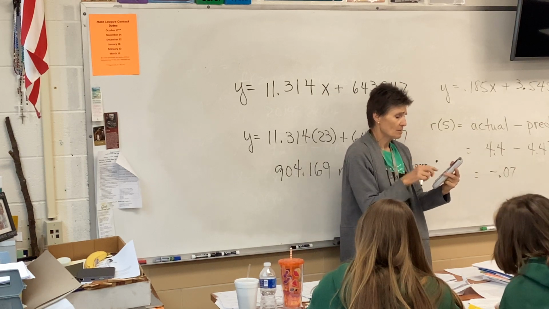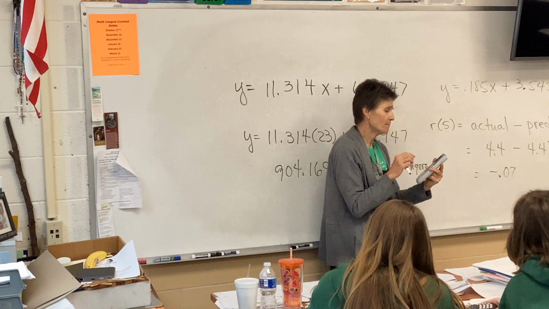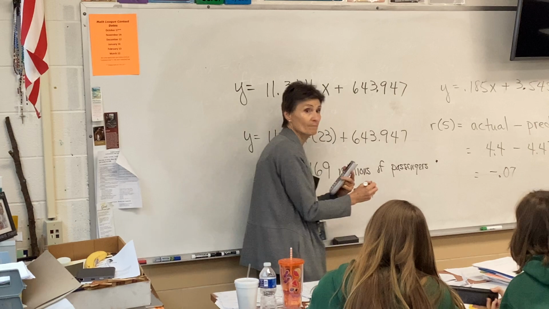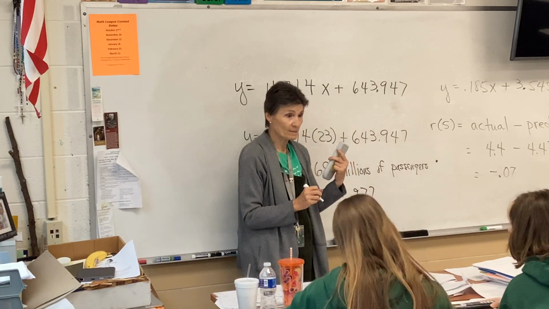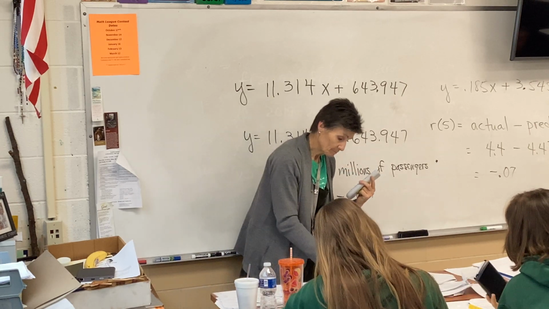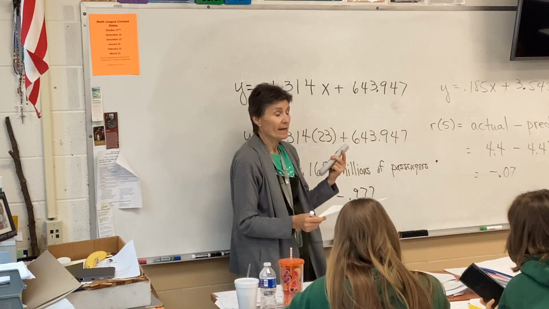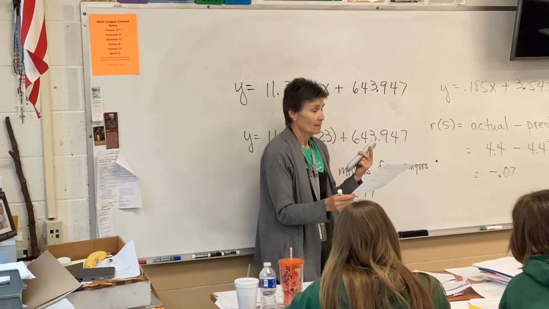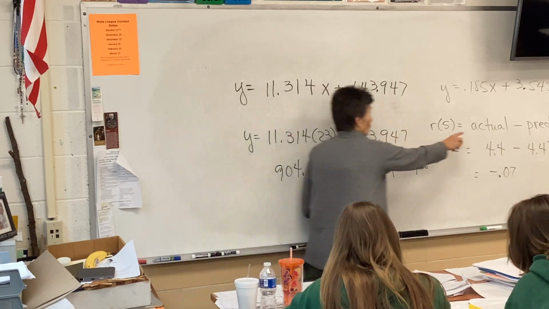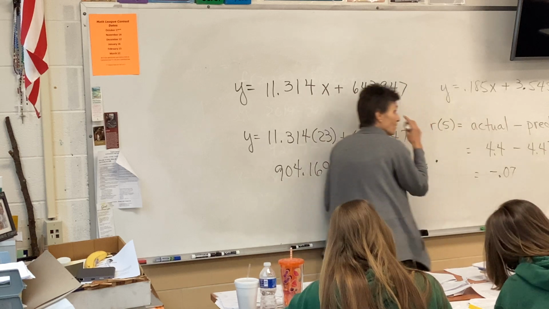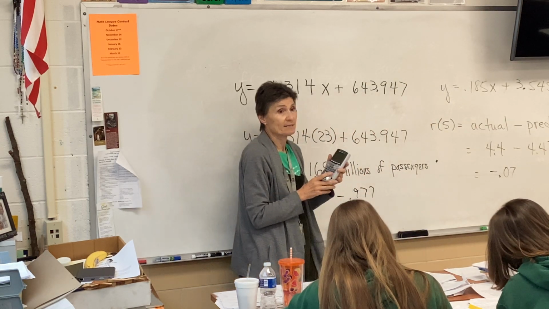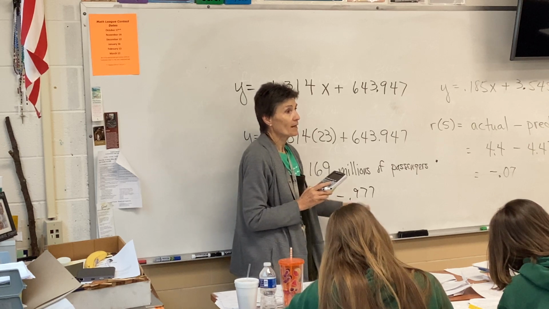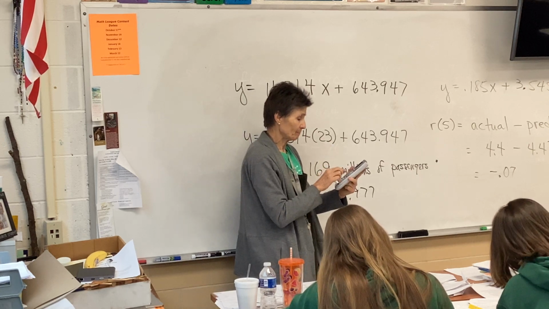Oh, yeah. So which one correlates to the 16? Negative 0.977. That's for the 16. And what does that number mean? Since the residual was negative, the model actually overestimates. Not too much though, relatively speaking.